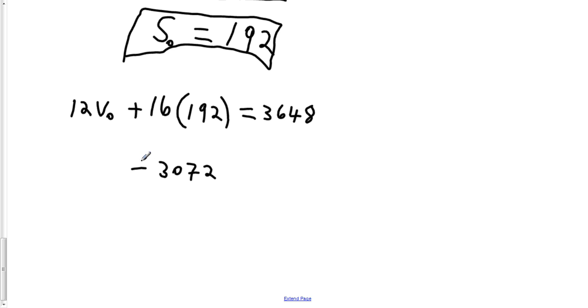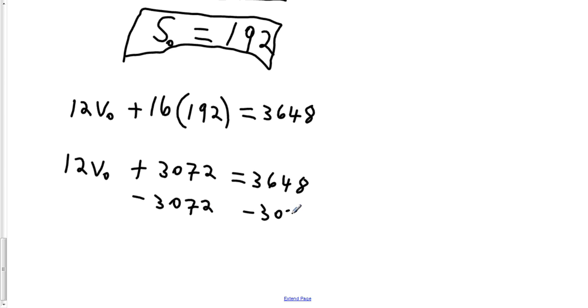I still have my plus 12 V naught and equals 3648. When I subtract the 3072 from both sides, I'm left with 12 V naught on the left side, and on the right hand side, I'll have 576.